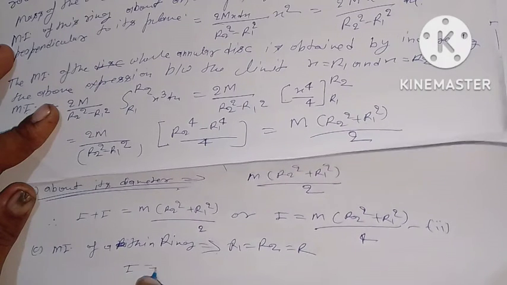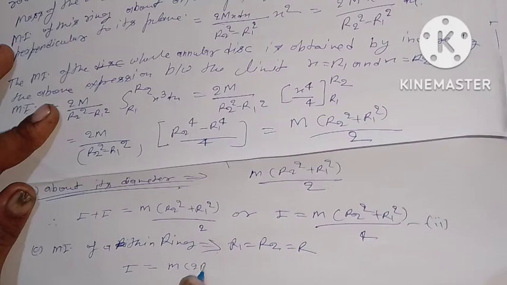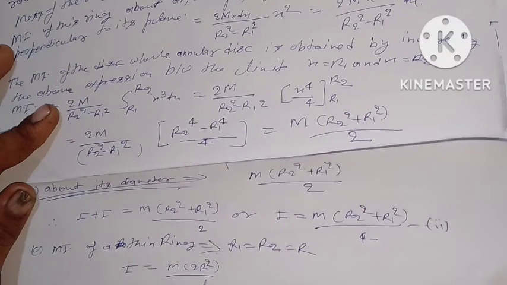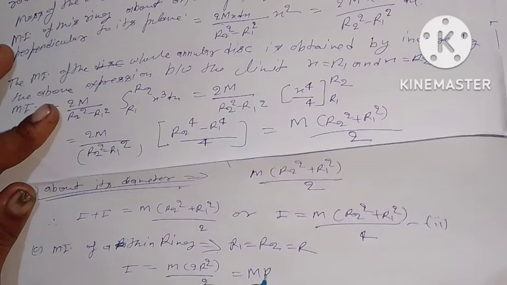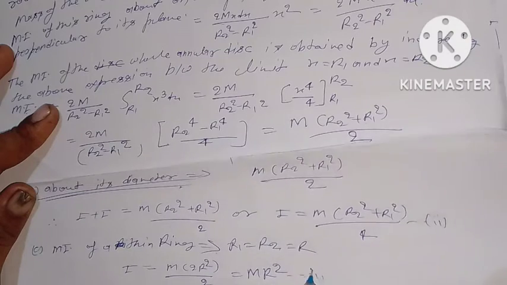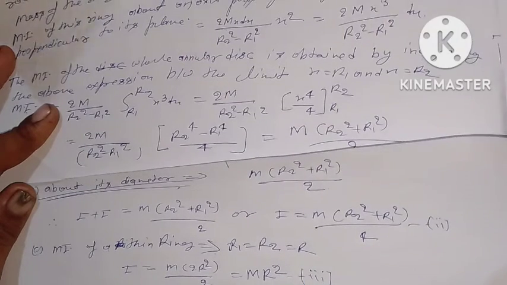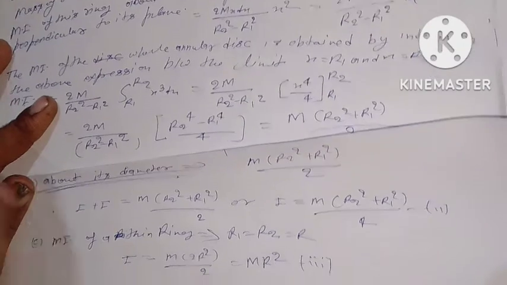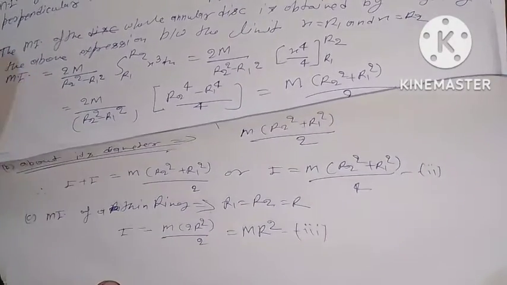We have I equal to M times 2R square upon 2, equal to MR square. This is equation number 3.